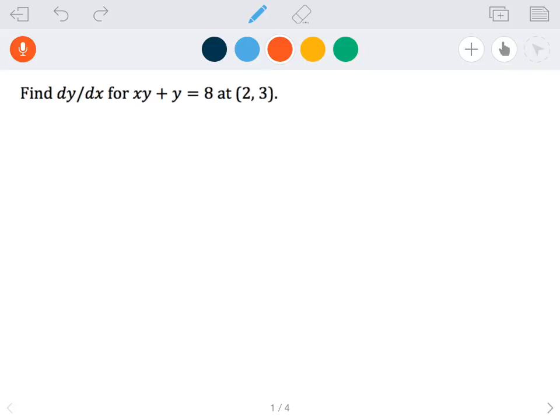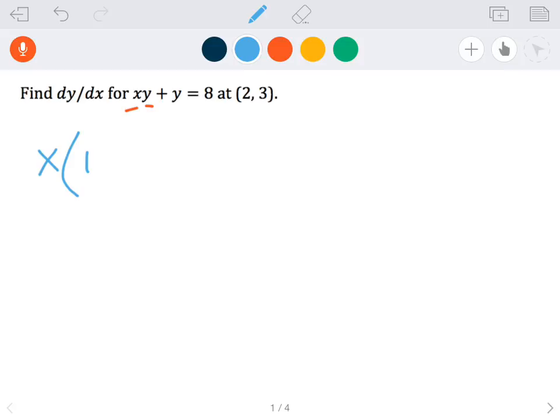So to solve implicitly, first I'm going to look at this term, and I see I've got a first and a second. If I start taking the derivative, I've got the first times the derivative of the second. Now if I take the derivative of y, I get 1.